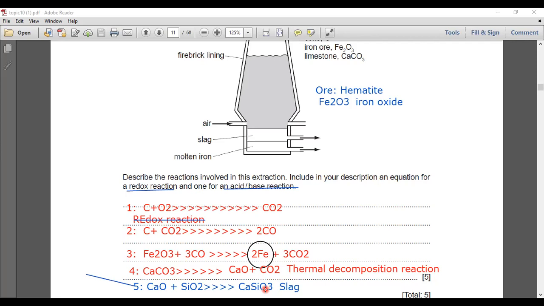Fe2O3 plus 3CO gives 2Fe plus 3CO2. Yes. CaCO3 gives CaO plus CO2, thermal decomposition reaction. CaO plus SiO2 gives CaSiO3, slag. Yes.